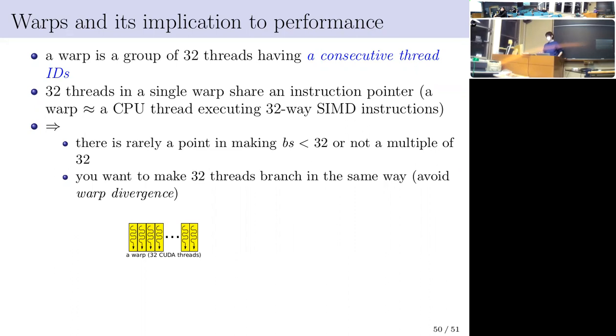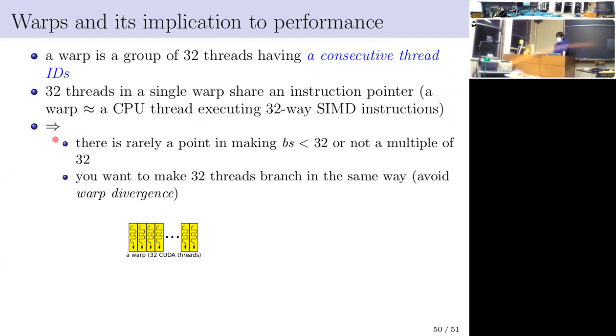So it is very similar to a warp in the sense that you can do only the same thing, exactly the same thing, with a single instruction. So a GPU is in a way much like a CPU in the sense that all threads within a single warp have to do the same instruction in a single cycle.